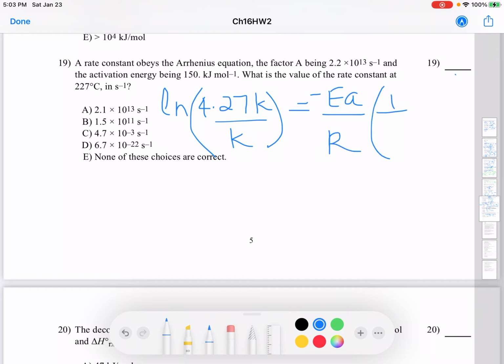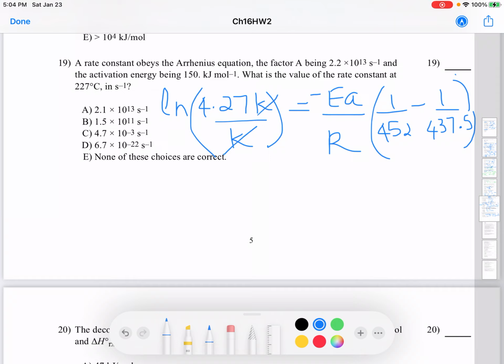Converting temperatures to Kelvin, T2 would be 452, and then T1 would be 437.5. So K and K get cancelled.